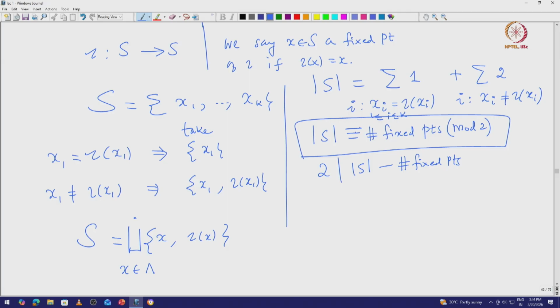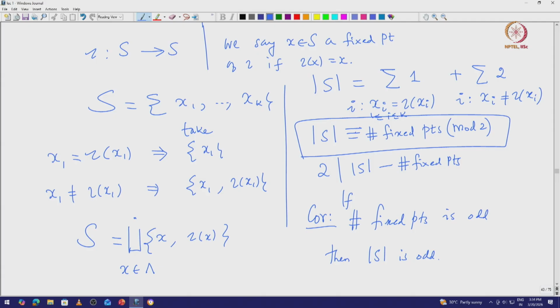This tells us that if the number of fixed points is odd, then the cardinality of S must be odd. So, as a corollary we get, if the number of fixed points is odd, then the cardinality of S is odd. Okay. So, this is what we are getting.